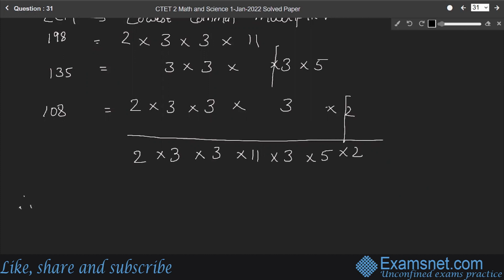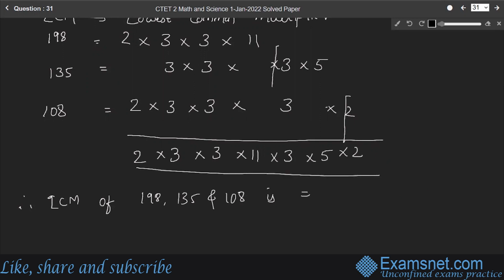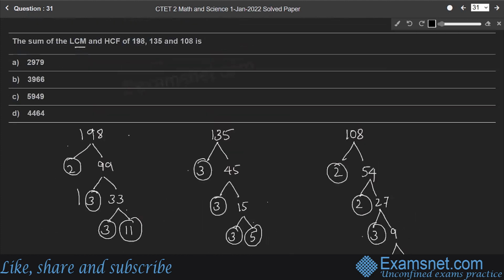Therefore, LCM of the given numbers 198, 135 and 108, multiplying all these numbers, you will get 5940.